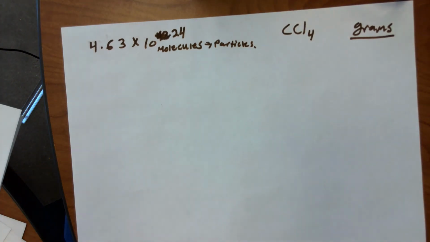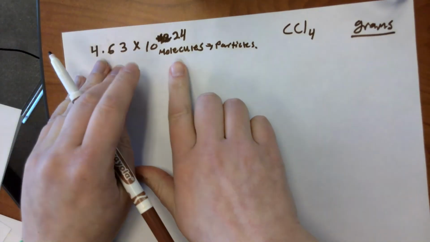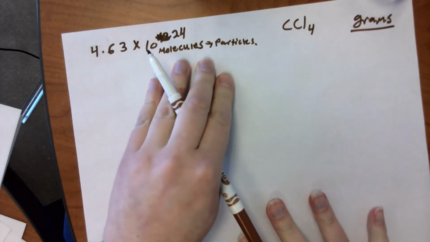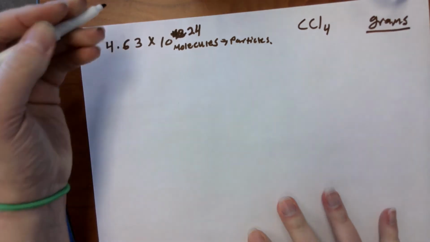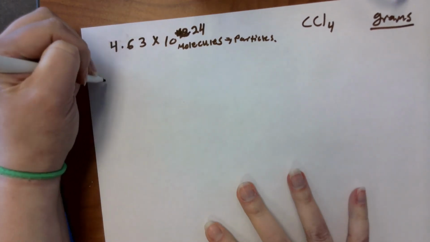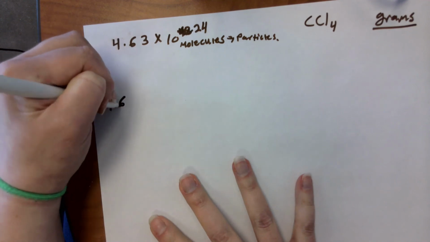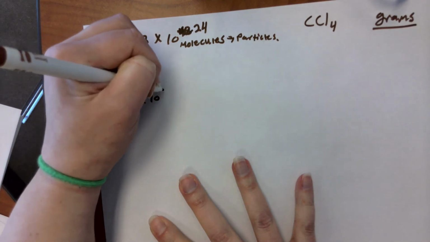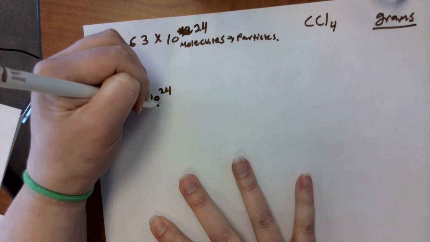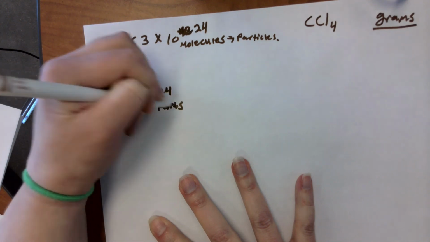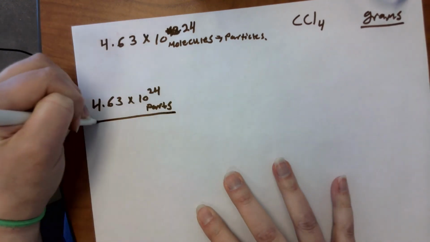Okay, so follow me here on this one. First of all, we take what we got, and we have to figure out how many moles this is. So we have 4.63 times 10 to the 24th particles. Okay, that's what we start with.